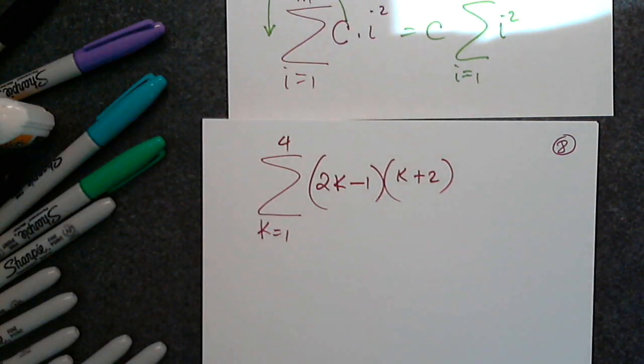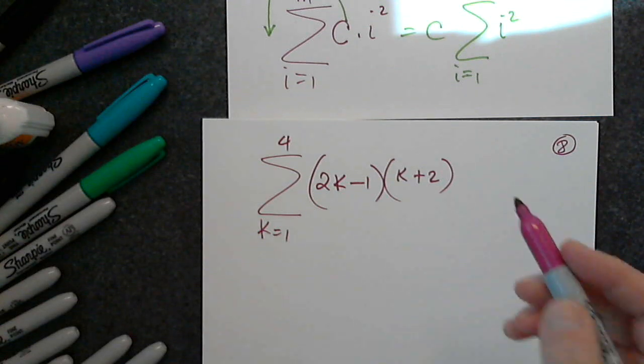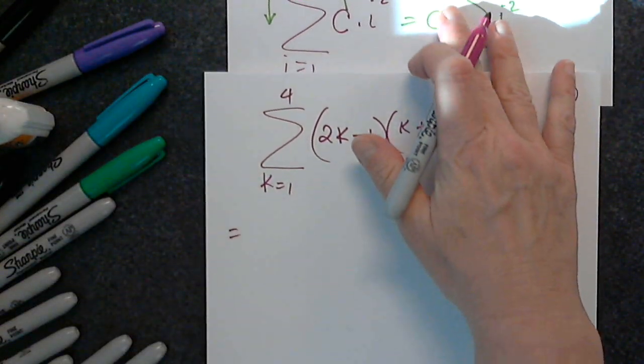First of all, I'm going to ask you how many terms this summation notation has. And you will say it has exactly 4 terms: when k is 1, when k is 2, when k is 3, and when k is 4. That's it. Can anyone without calculations give us those 4 terms?